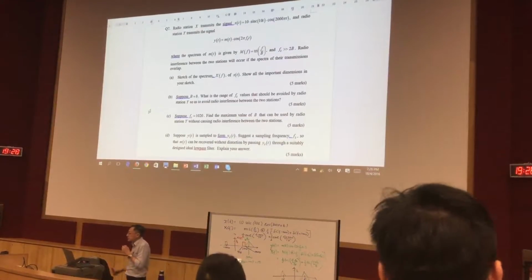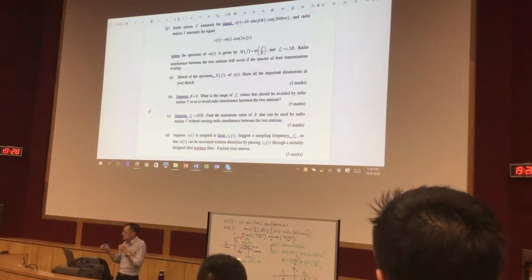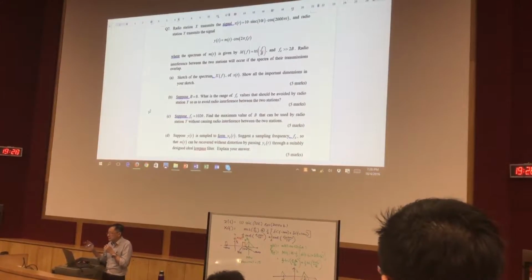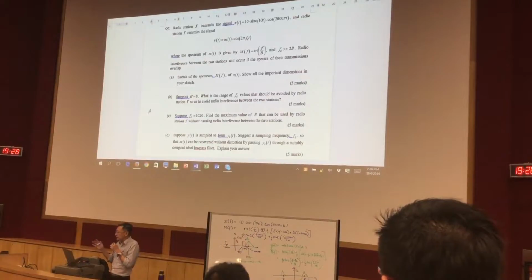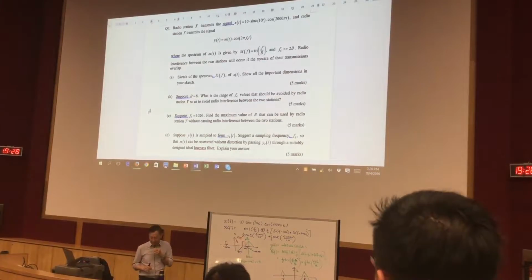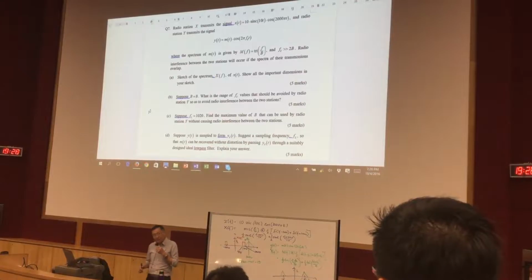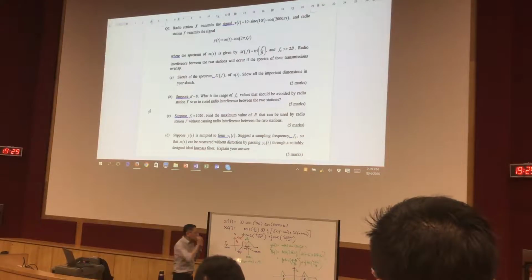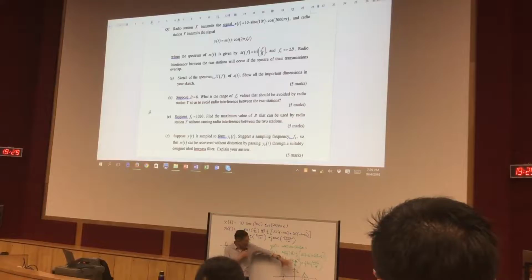Okay, so it says, suppose YT is sampled, suggest a sampling frequency fs so that MT can be recovered with a suitable low pass filter. Now, if I want to have a low pass filter, look at this signal. This is my YS right now. It's not sampled yet. Sampling will replicate this, right? At the sampling frequency.